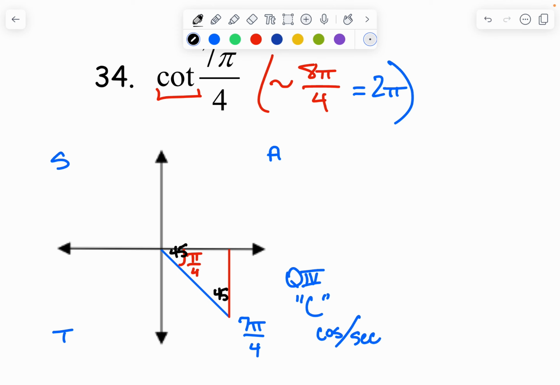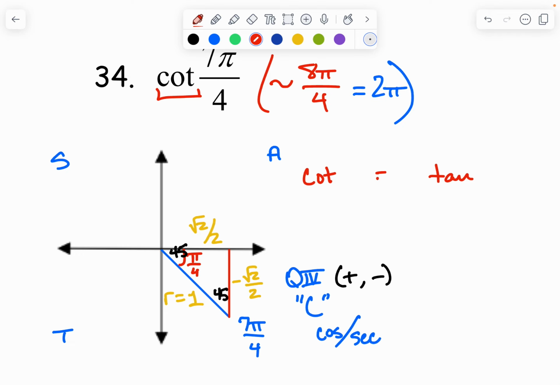Now I'm in Q4 where I'm positive in my x, but I'm negative in my y because I'm going down. Since this is a 45, 45, 90, I also know both of my sides are square root of 2 over 2. This one is just going to be negative. R is always 1. So cotangent is the reciprocal of tangent.